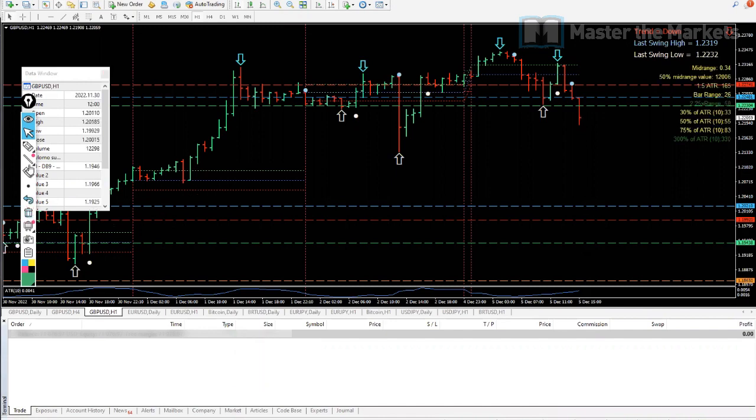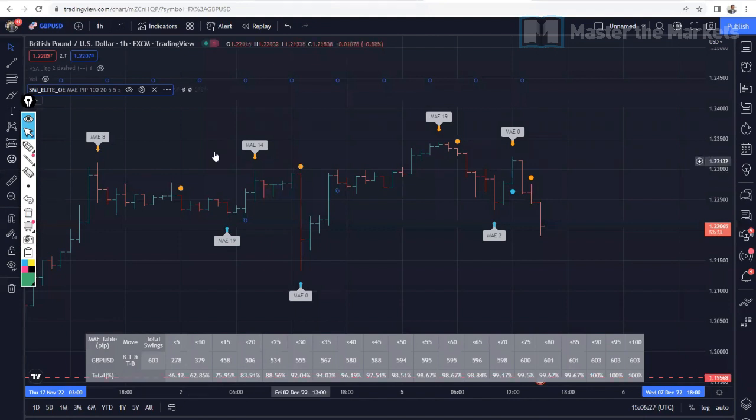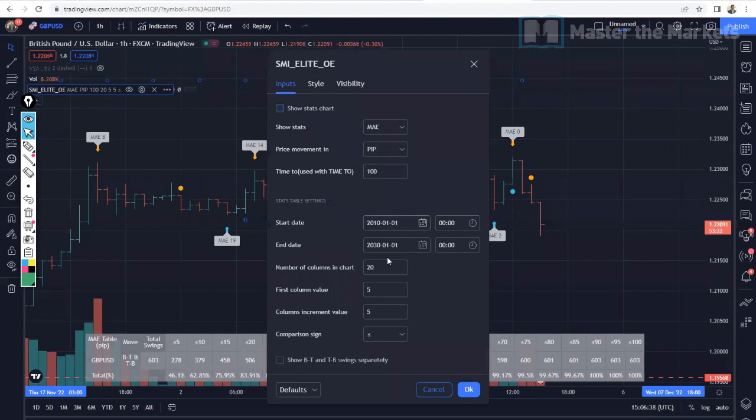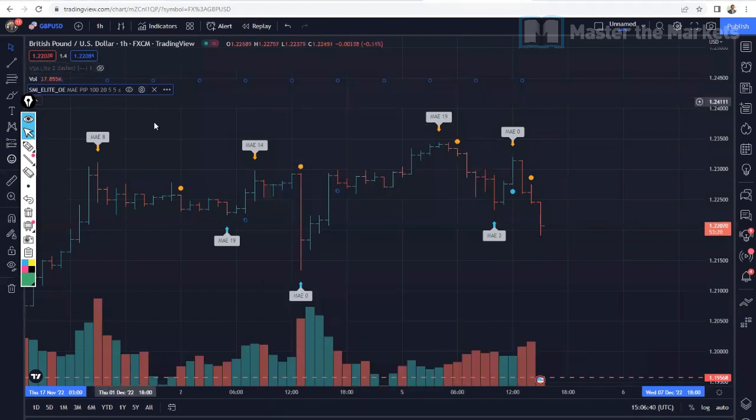The final thing that you can also look at is the volume and the VSA indicator, which I've shown in the other recordings as well. So when I put on the volume, let's go to settings, get rid of the stats chart. Over here, you can see the volume on this bar was quite good, a medium volume on the dot on this bar first, and then it maintained it on the confirmation.